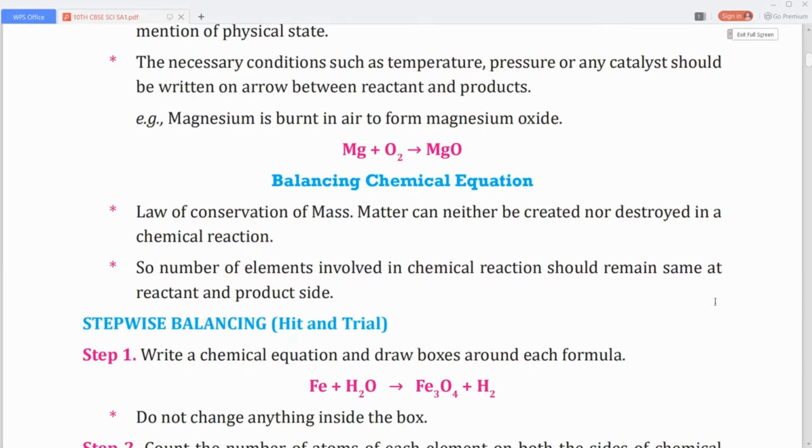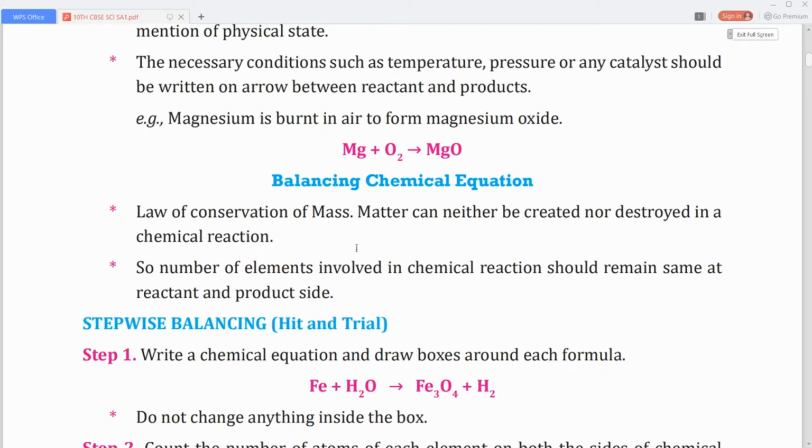Now once we have written a reaction, we have to balance the reaction. Before we start, we must understand why we have to balance the reaction. The law of conservation of mass says that matter can neither be created nor destroyed in a chemical reaction.